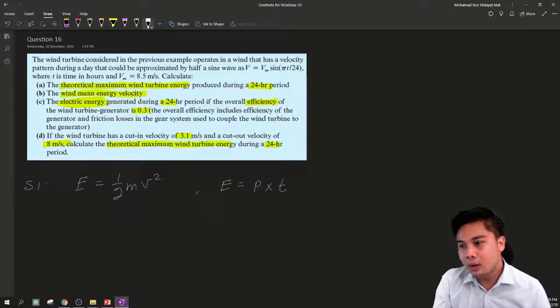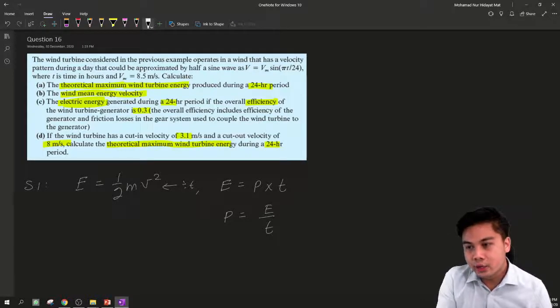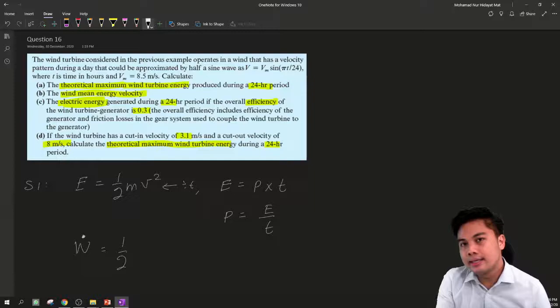In order to get power, energy must be divided by time. So we divide by time and get the work rate, which is power, equal to 1 over 2 mass divided by time, which is the mass flow rate m dot, times v squared.